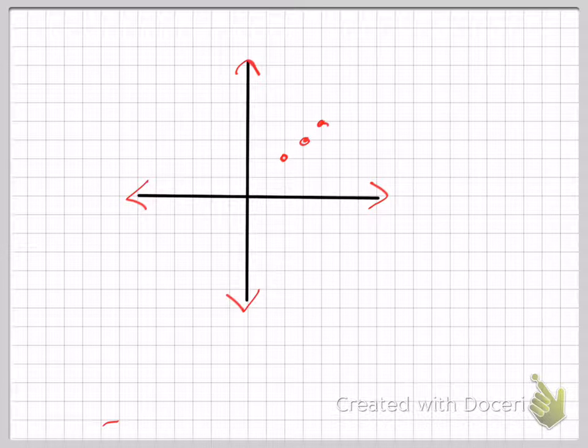Is this a function? Yes. Okay. Is this a function? No. As I run my vertical line, I see that there are 2 points on the vertical line at the same moment. So since it crosses the vertical line, it doesn't pass the vertical line test, we say it is not a function.